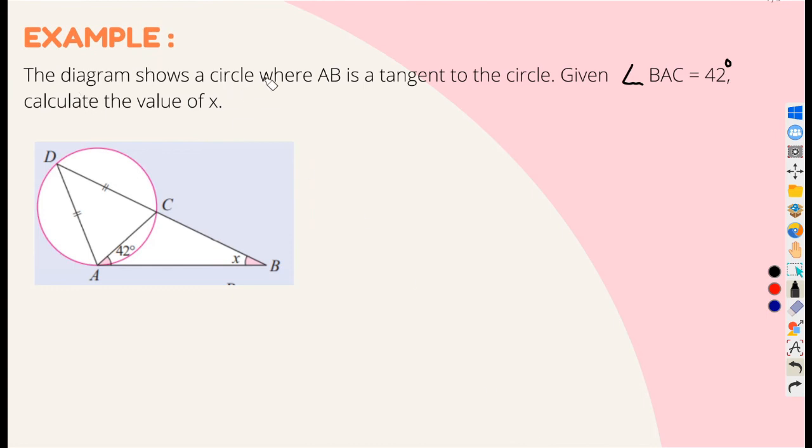Okay, the diagram shows a circle where AB is a tangent to the circle. Given angle BAC is equal to 42 degrees, calculate the value of X. So now you need to find the value of X here.